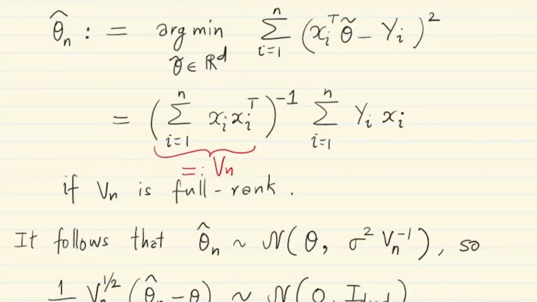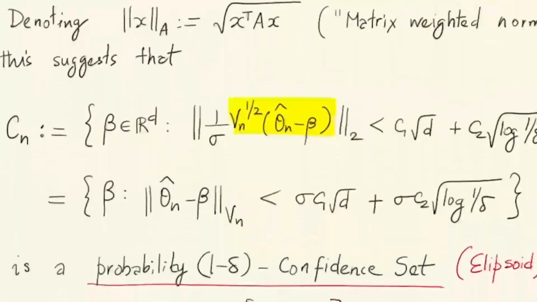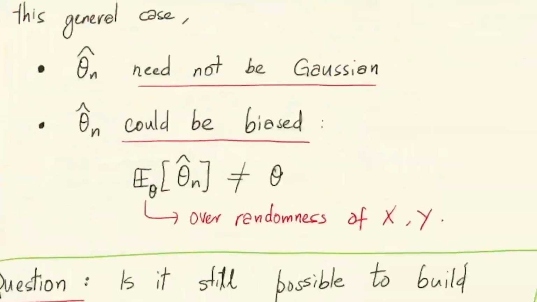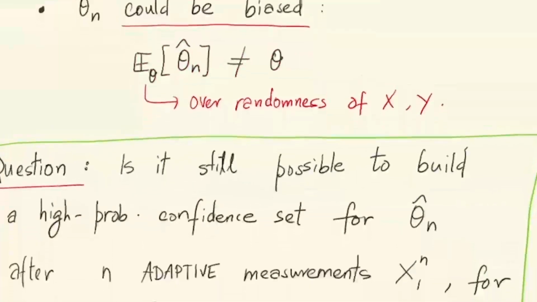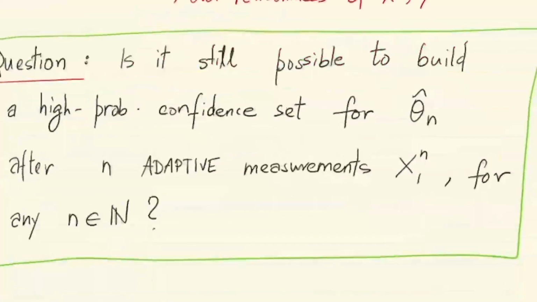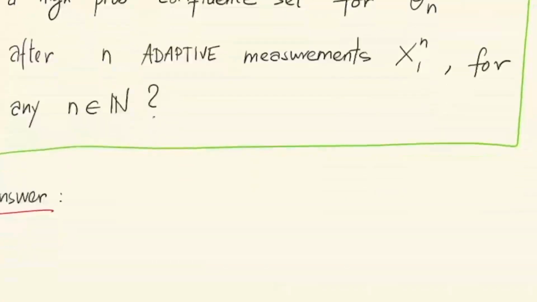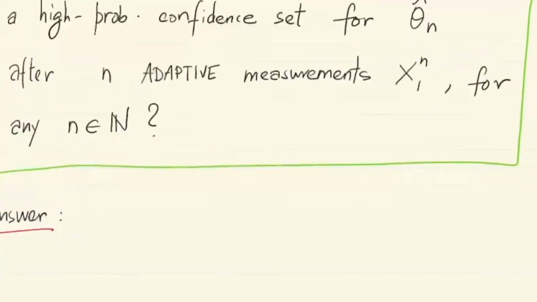So it's simply not a fixed linear transformation of a sequence of Gaussian random variables. So is there any hope? Is it still possible to build analogous high probability confidence sets for adaptive sequential estimates? And the answer is, rather surprisingly, yes.